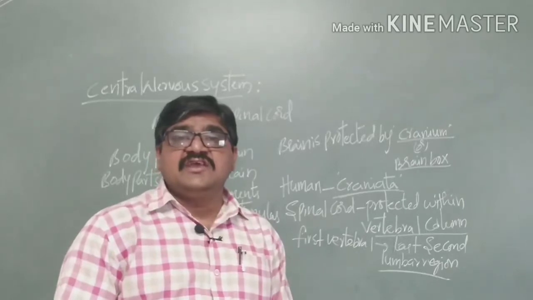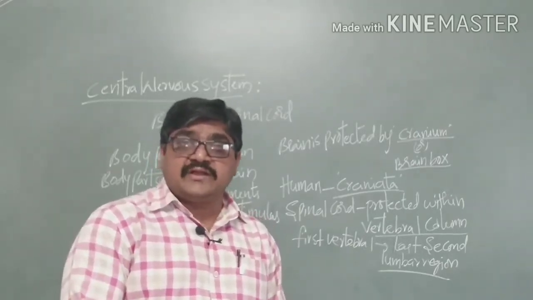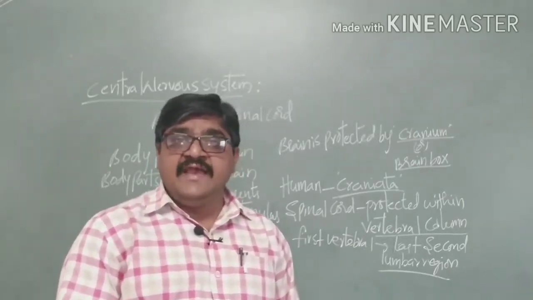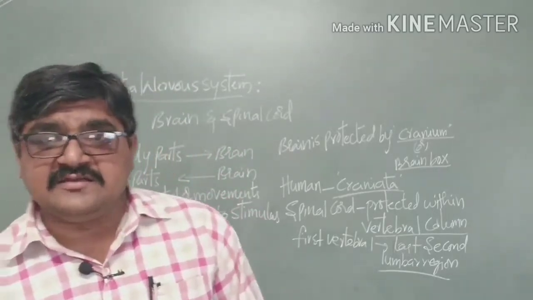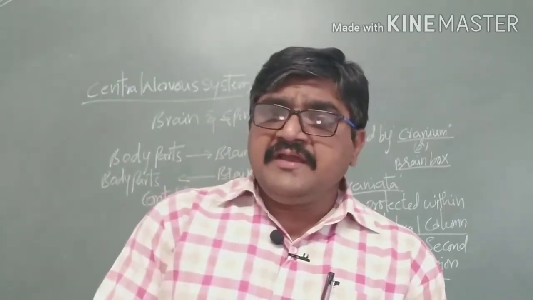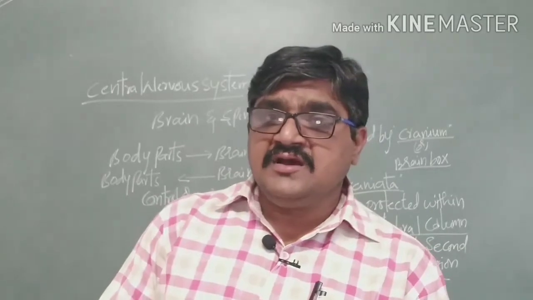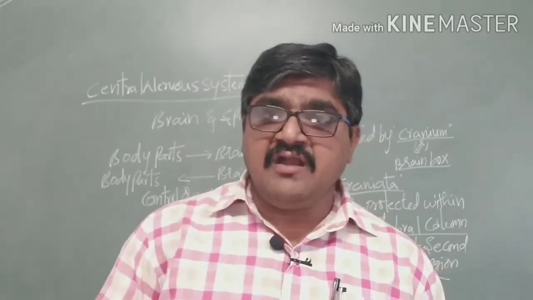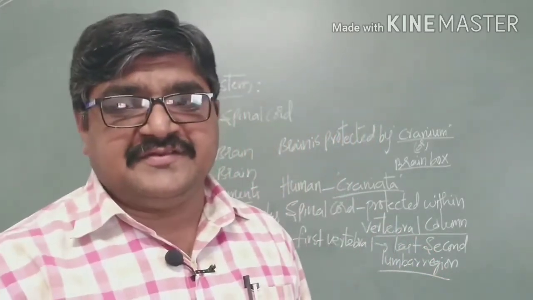These are the three protective coverings of the brain and the spinal cord. Now we will discuss them one by one.